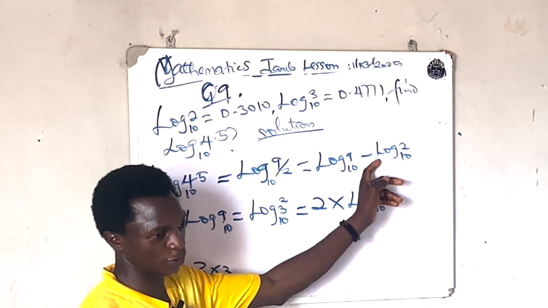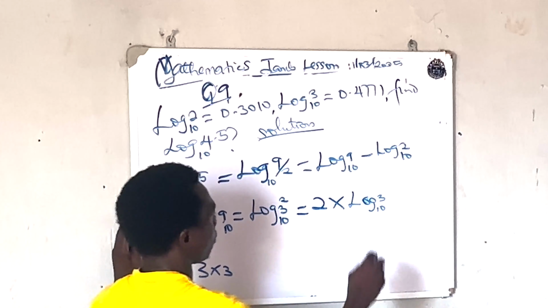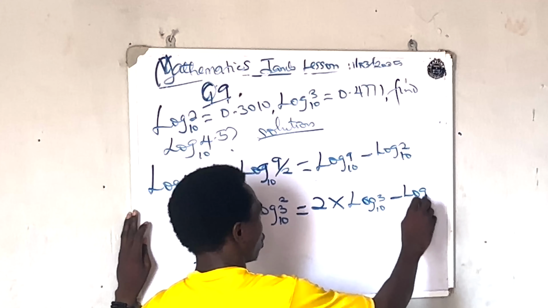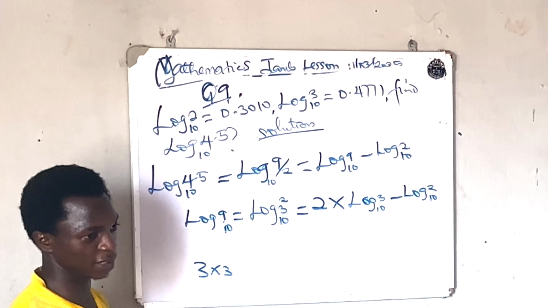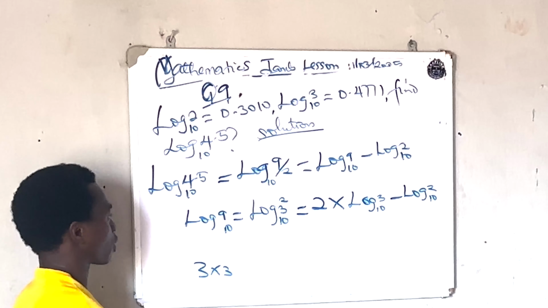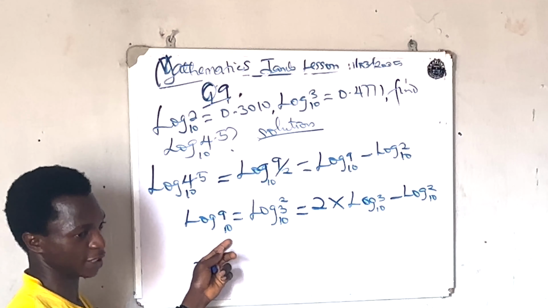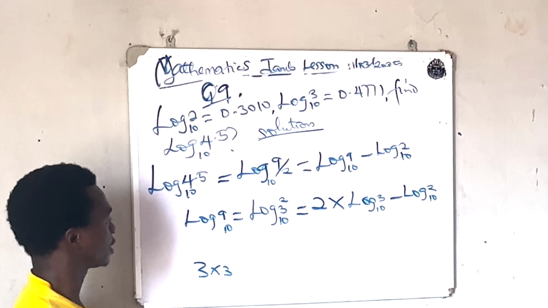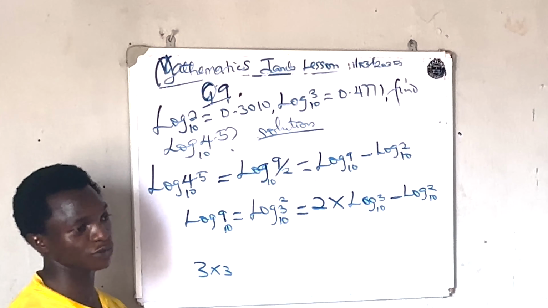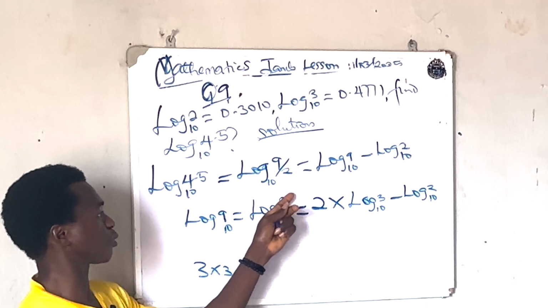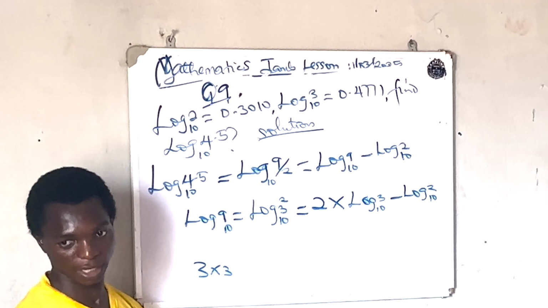Remember, we have log 2 here, right? Minus log of 2 in base 10. Let me explain that point again. When you have log 9 in base 10, we said it's the same thing as saying log of 3 raised to power of 2, because 3 raised to power 2 will still give us 9.